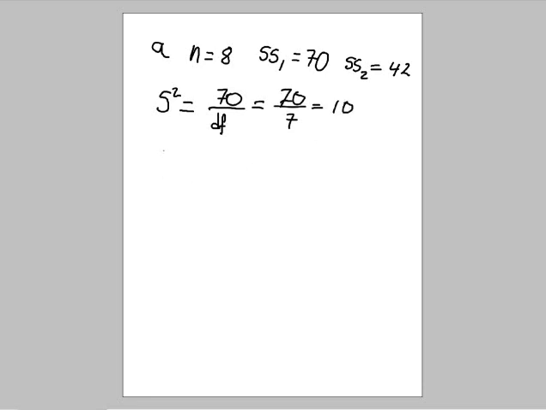For the second sample, the variance is SS over the degrees of freedom. That equals 42 divided by 7, which equals 6.